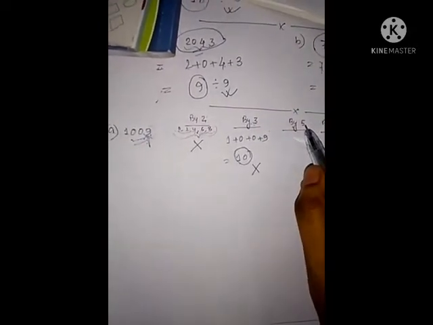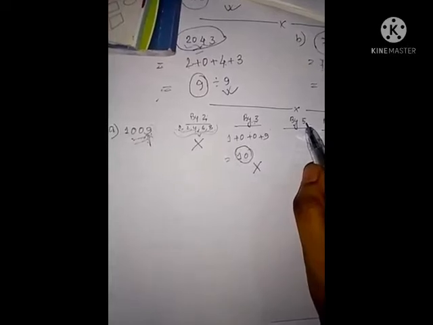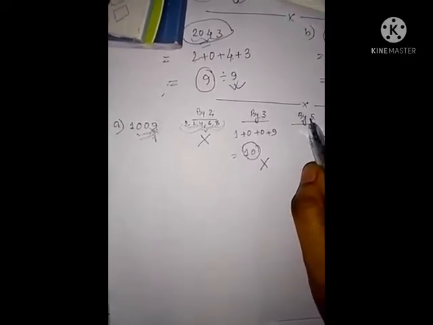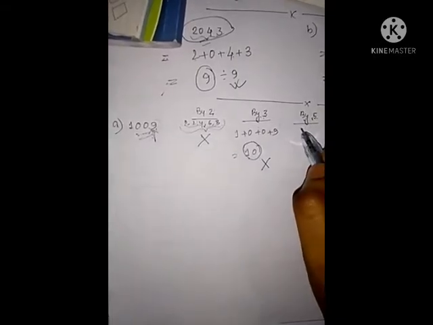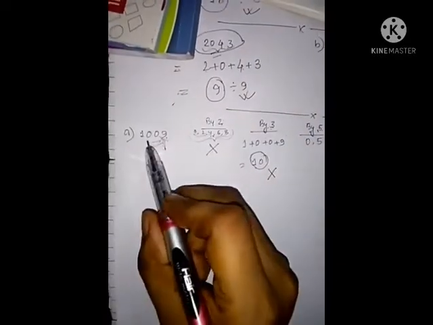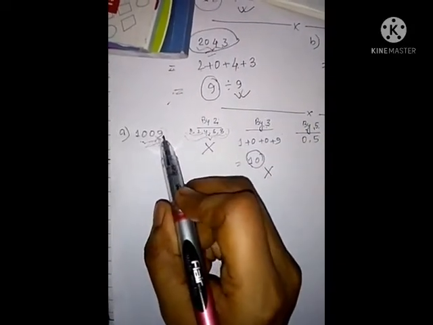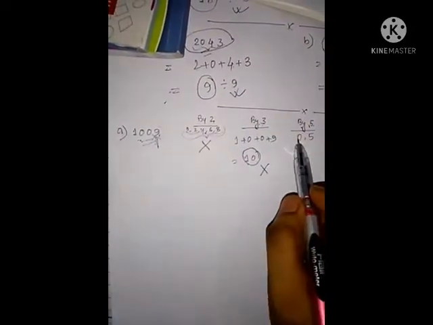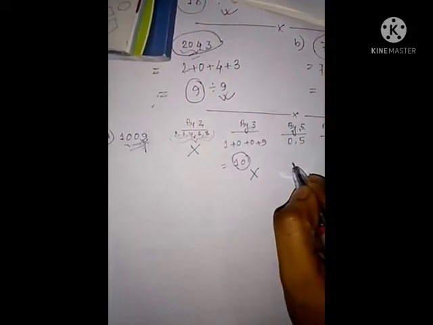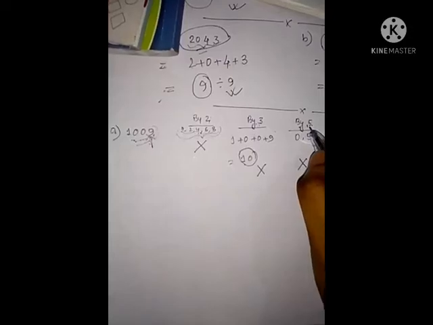By 5, we know that to be divisible by 5, in ones position there must be 0 or 5. See here, in ones position 9 is present, 0 or 5 is not present here. So this is also not divisible by 5.